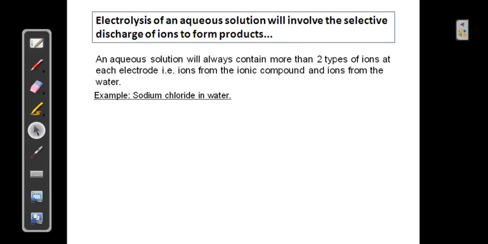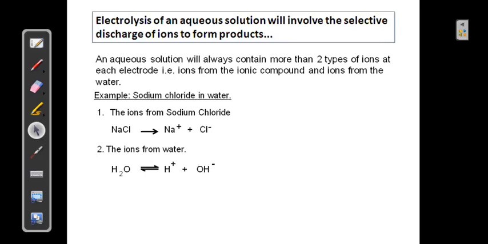So for example, we take sodium chloride in water, right? The ions from the sodium chloride, NaCl, when they are in molten form, or in this case in aqueous form, the ions will be released, Na+ and Cl-. So they'll be roaming in the solution.